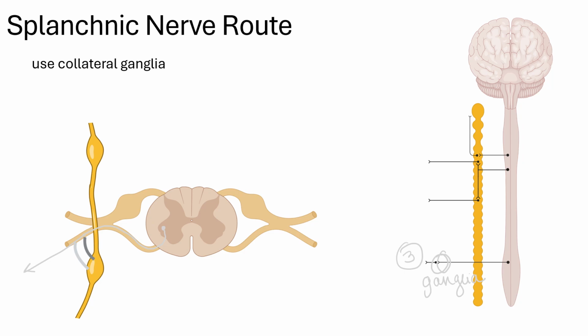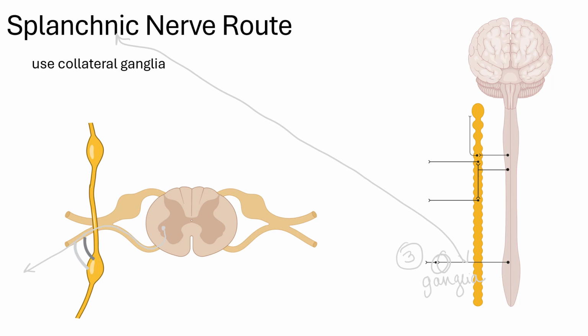It travels further out to a collateral ganglion. Then the nerve that leaves the spinal cord travels to the collateral ganglia, and these are the nerves that are called the splanchnic nerves. And this is why this is called the splanchnic pathway. I'm just going to draw a big arrow, because this is a splanchnic nerve.